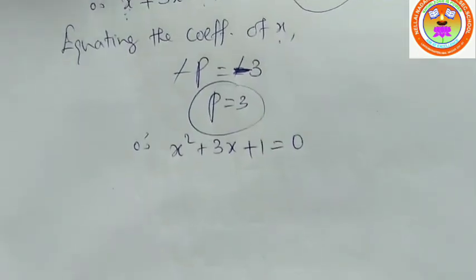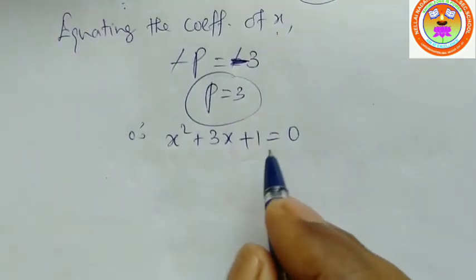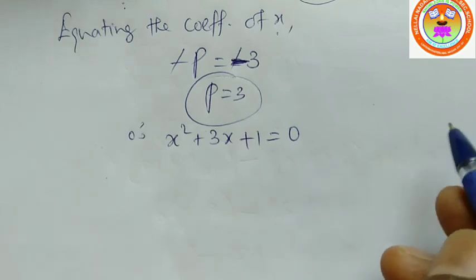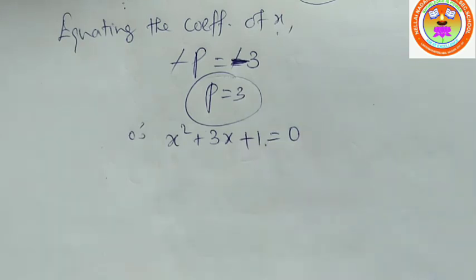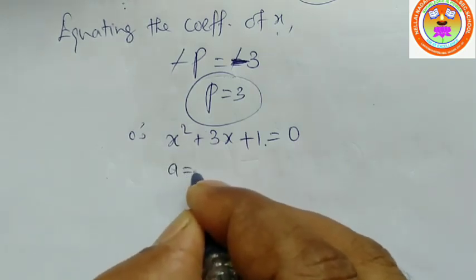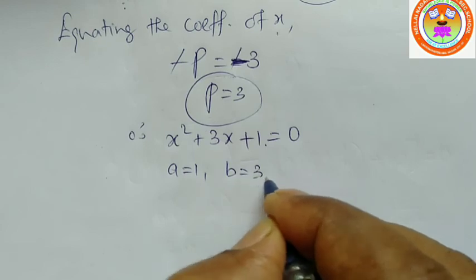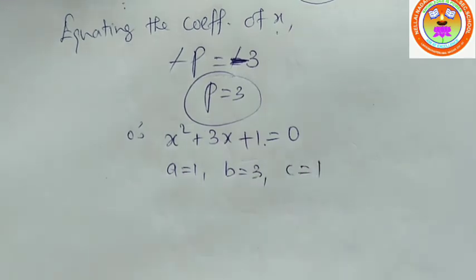We can solve this equation only by using the formula. Reason is there is no factor which gives the product 1 and whose sum is 3. So we can follow the formula method. Here a is equal to 1, b is equal to 3 and c is equal to 1.